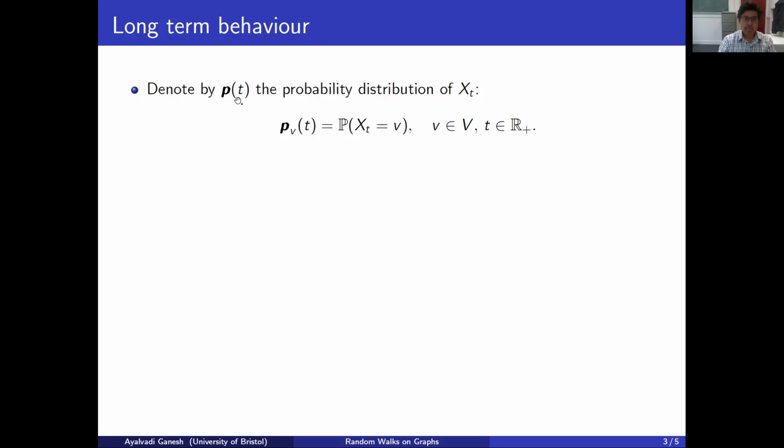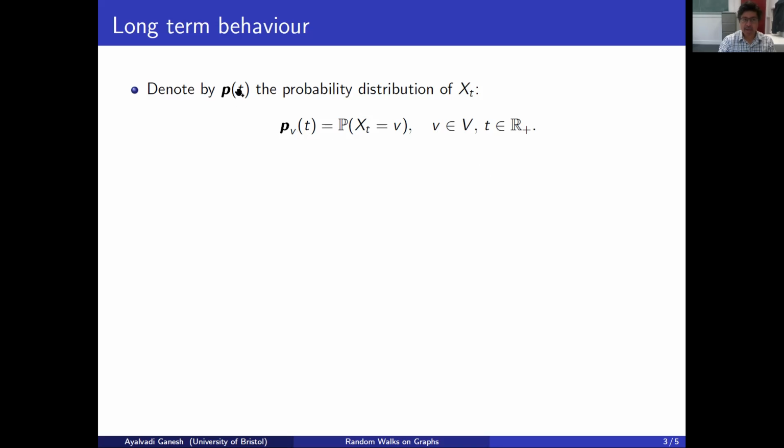So if we denote by Pt the probability distribution of the Markov chain at time t, meaning that its vth element is the probability that the random walk is at vertex v at time t. So this is a family of probability distributions on the vertex set, indexed by time. So you start in some distribution.